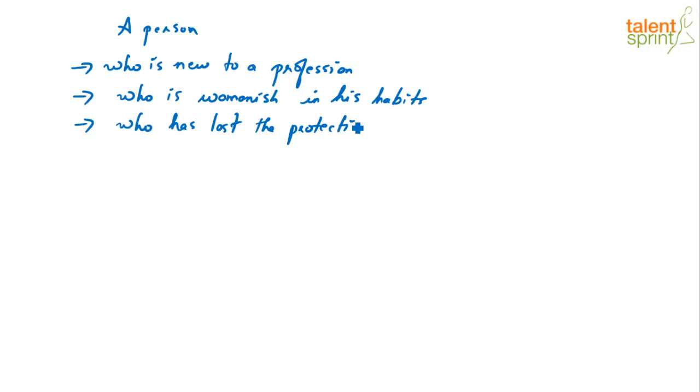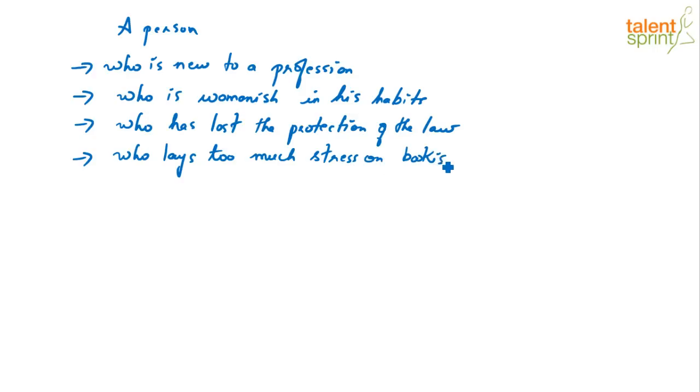So there are a lot of questions that come like this, right? A person who is so and so. A person who lays too much stress on bookish learning. So learn all the types of persons. That will also help you. A person who engages in crimes, in crime and violence.